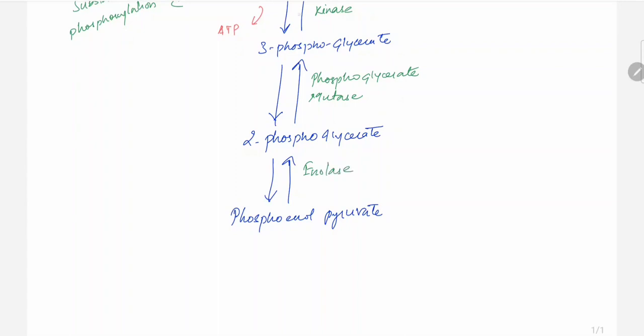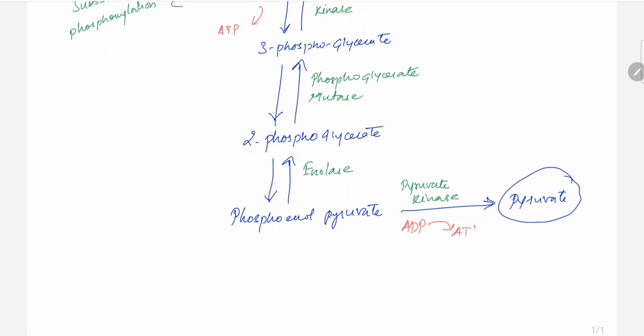And then phosphoenolpyruvate is in turn converted into pyruvate, which is the end product, with the help of an enzyme called pyruvate kinase. Here ATP is produced directly from ADP, so this is also substrate level phosphorylation, right?